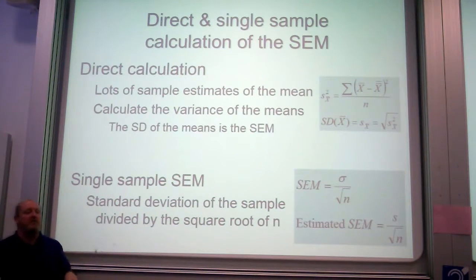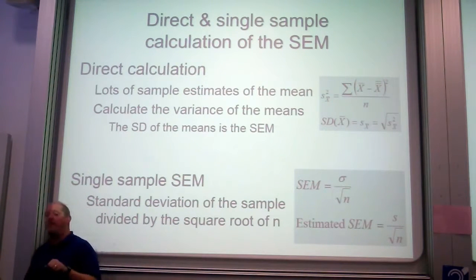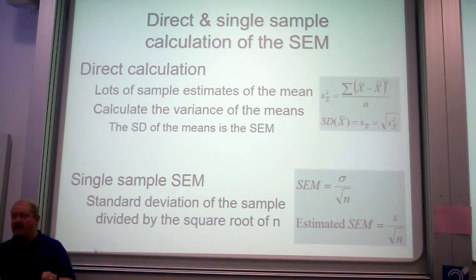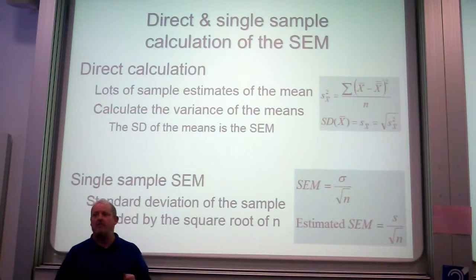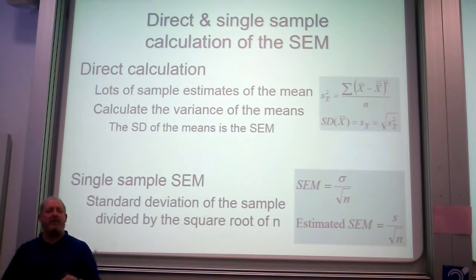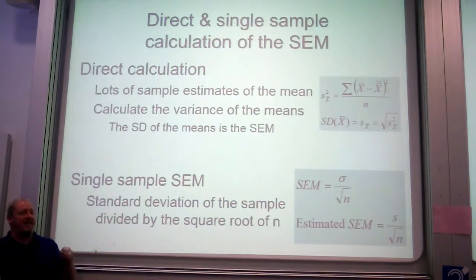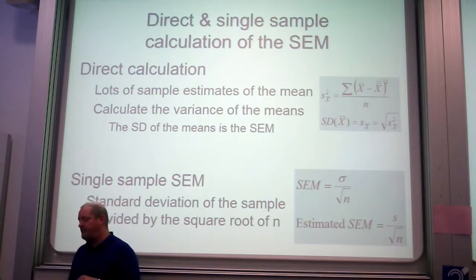In the background notes, for those who know a little bit of maths, it's quite easy to prove that it will indeed be your sample estimate divided by the square root of n. And that's an indirect single sample method of calculating the same number, or what should be the same number.